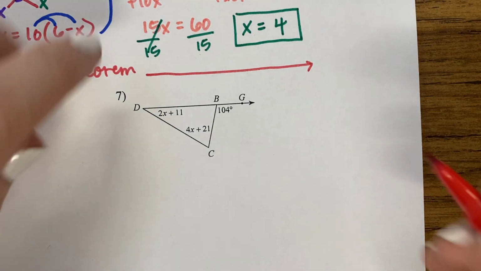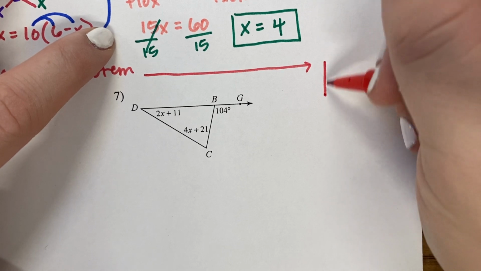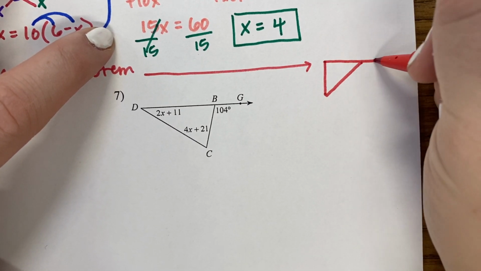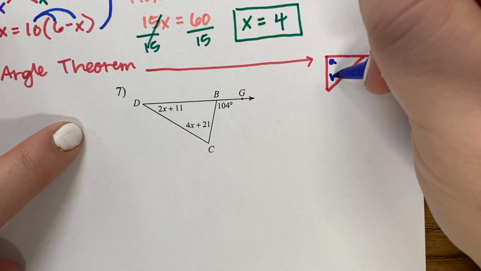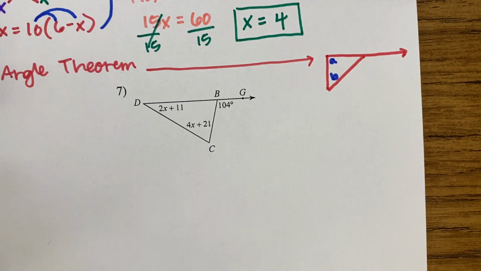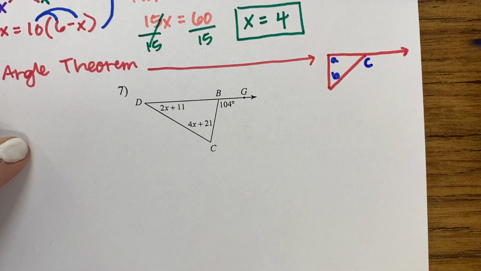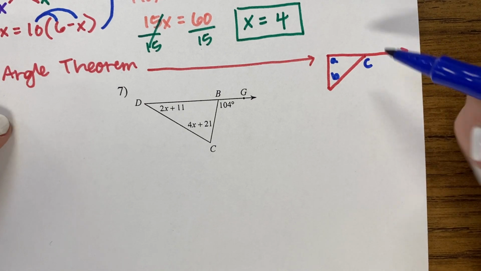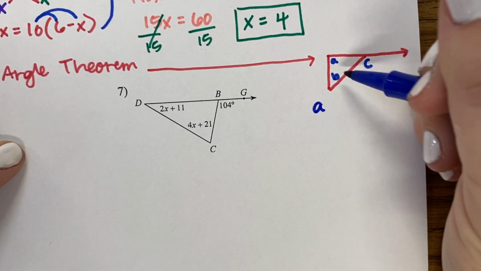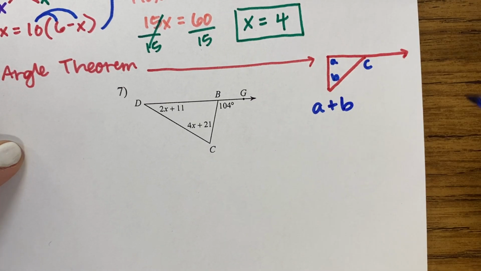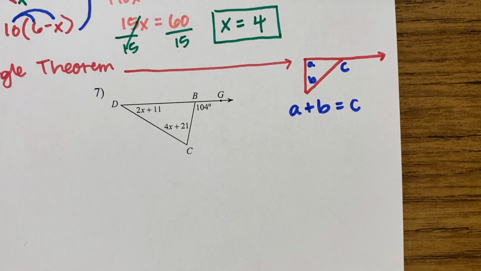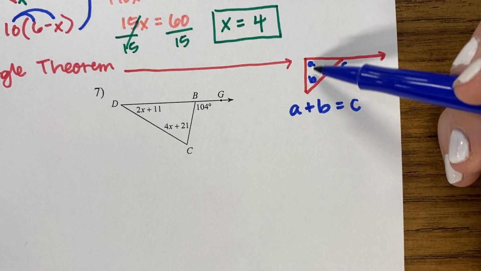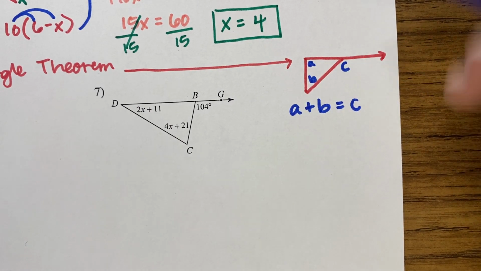If I have a triangle, but one of the sides is extended out, we'll call this angle A and angle B, and this angle C, because those are the angles we're dealing with. What this is saying is the 2 interior angles added together, so angle A plus B, is equal to angle C. So you just take the 2 interior angles, add them together to get that exterior angle.